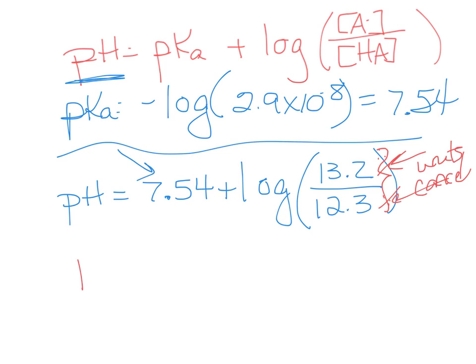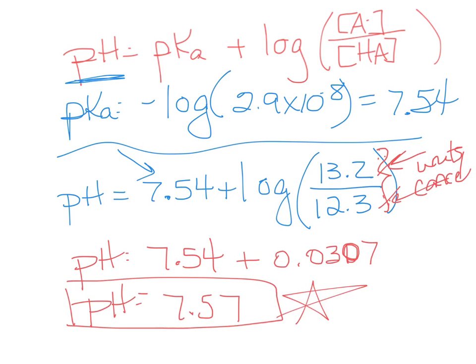Now plugging all that in, our final pH after the addition of that dab of sodium hydroxide is 7.57. That's not very different from the pKa, and that's what we expect for buffers. They do a really good job of managing a stable pH.